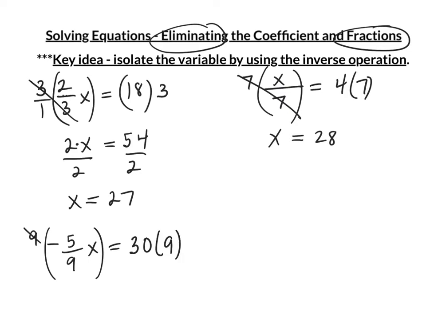The 9's will cancel, and I'm left with negative 5x equals 270. And then there's times, just like the previous examples. I'll divide by negative 5 to get the x by itself. And the 5's cancel, and I'll go to my calculator and punch in 270 divided by negative 5, and I get negative 54.